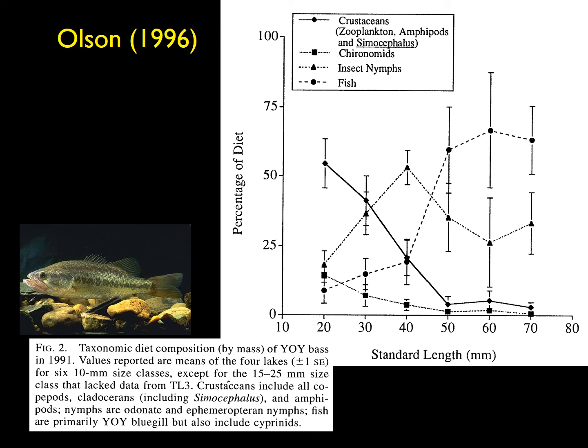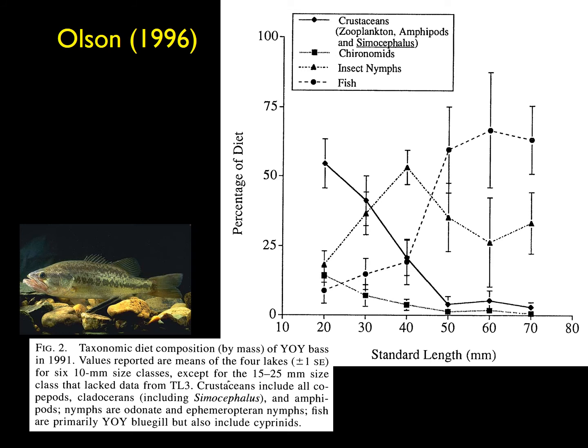On the other hand, fish were very rare in the diet of small bass, but as the bass got bigger, particularly between this 40 and 50 millimeter gap, you can see this great increase in the percentage of their diet. And so from fish that were 50 millimeters on up, fish were the most common item in diet.